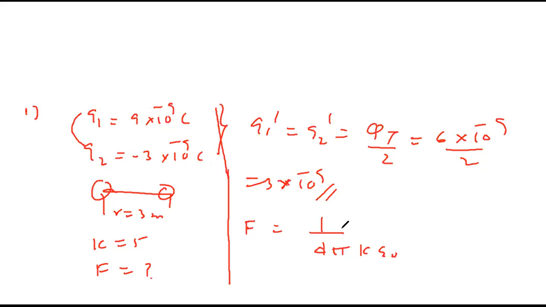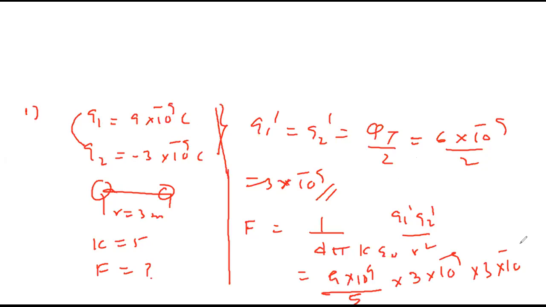So F equals 1 upon 4 pi epsilon naught q1 dash q2 dash upon r square. See, I have not taken half of 9 or half of this. We have taken total, then equally gets divided when you separate. So 9 into 10 raised to 9 is 1 upon 4 pi epsilon naught, k is 9 into 10 raised to 9, into 3 into 10 raised to minus 9, into 3 into 10 raised to minus 9 upon r square, which is 3 square.